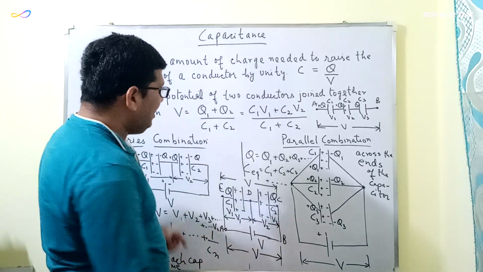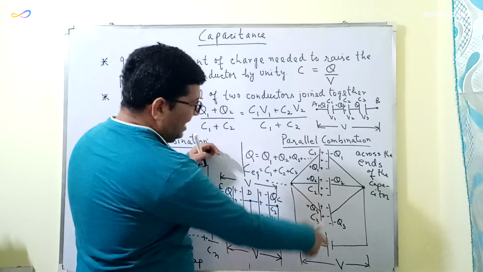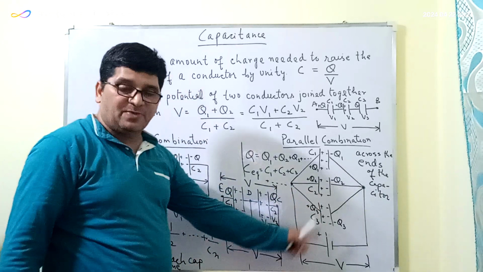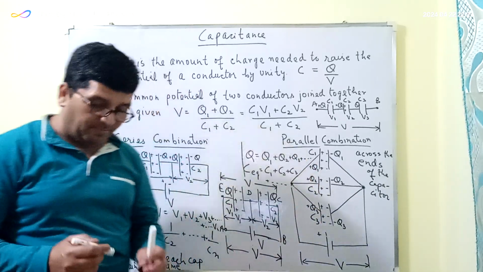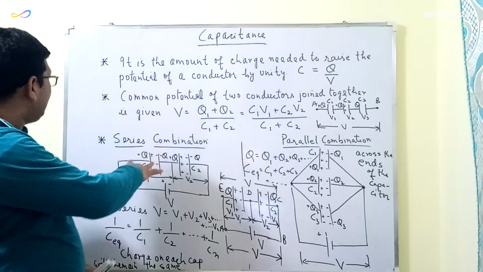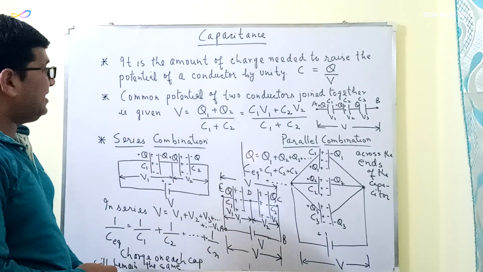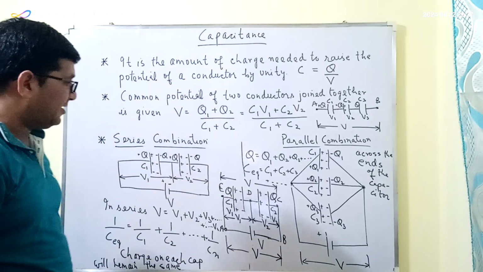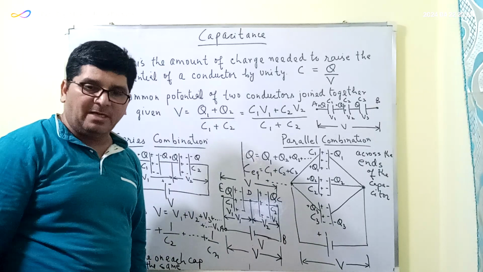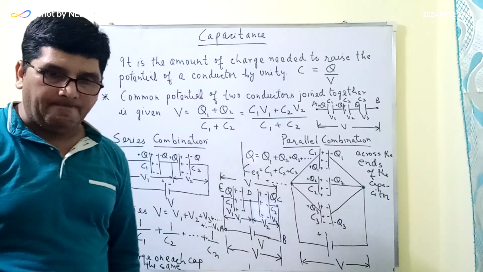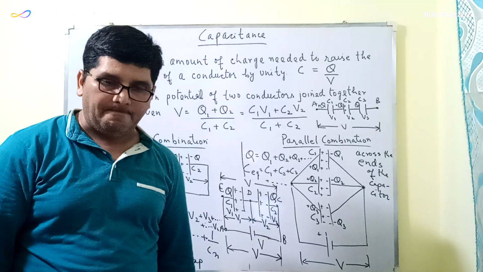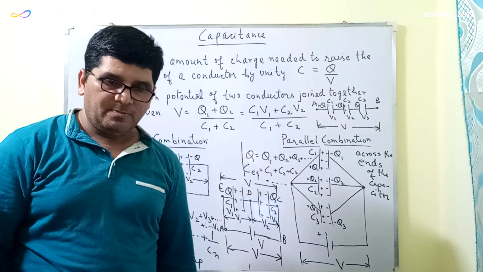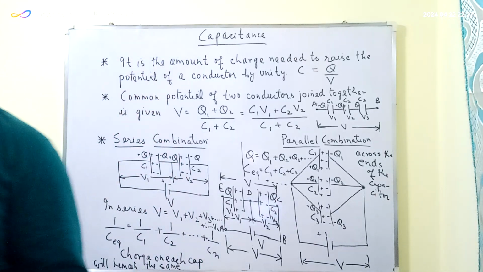In the case of parallel, ये आपका हाँ, the potential difference जो है across all the capacitors will remain the same. So you just write down all these three important points and then after that we will continue further. ठीक है? आप इसको करिए. In the meantime I will just coming.